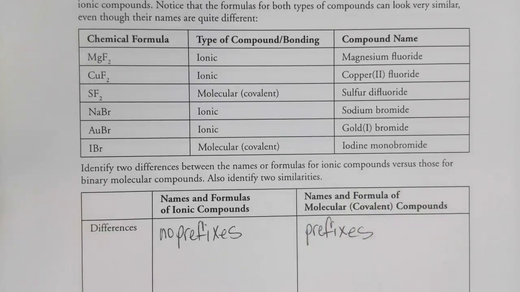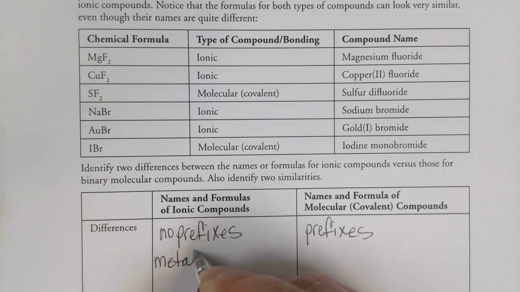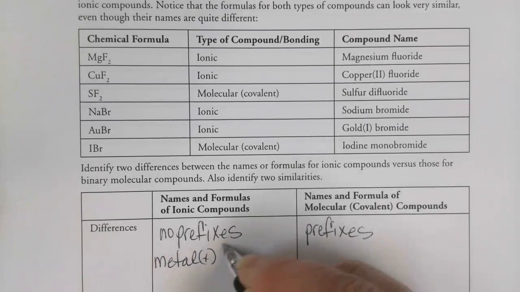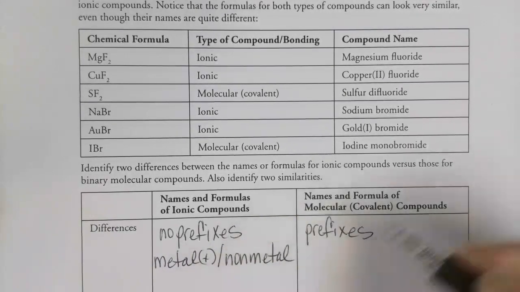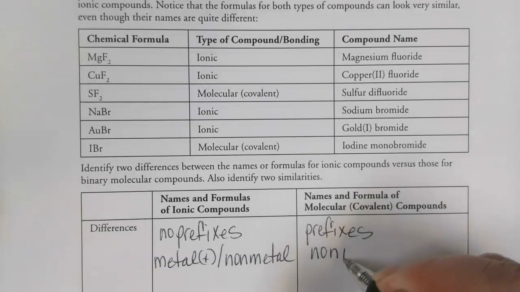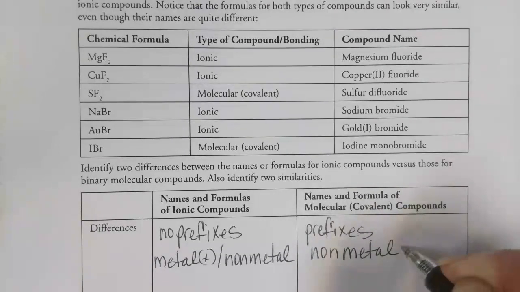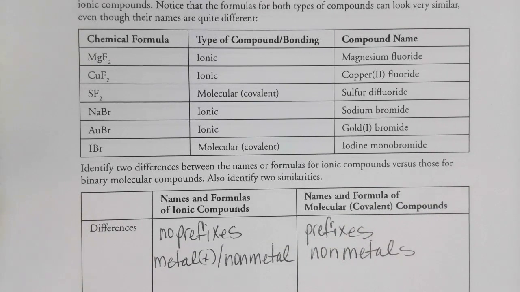Okay. Ionic compounds have both a metal, which has a positive charge, and a nonmetal. Whereas our covalent compounds contain only nonmetals. All right, and the reason is the nonmetals aren't strong enough to pull the electrons off of each other. They are strong enough to pull them off the metals because the metals easily give them up. They have extras.